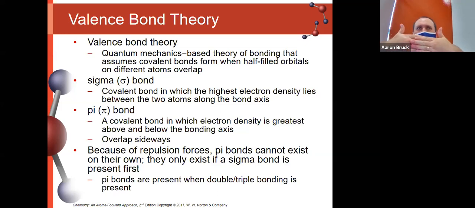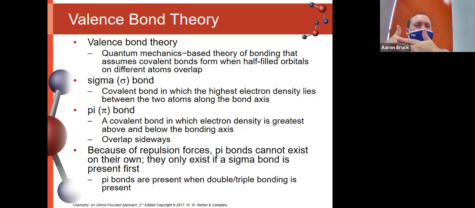The two orbitals overlap. The two electrons are now sharing both spaces. And depending upon electronegativity, obviously one will spend more time in one area than the other. We define a sigma bond as a covalent bond that exists from that direct overlap of two orbitals.